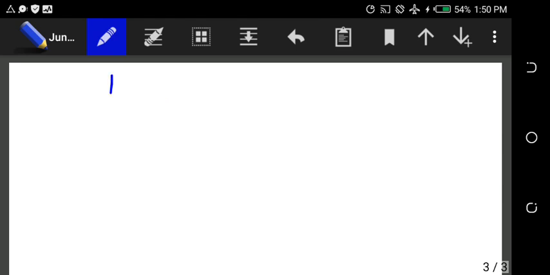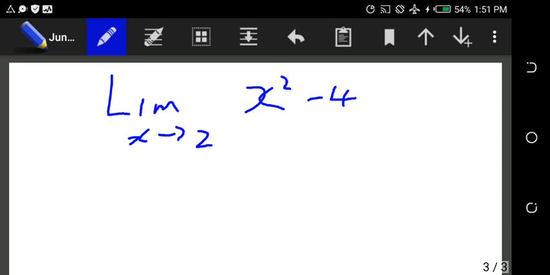So we want to take the limit as x approaches 2 of the given function x squared minus 4 all over x minus 2.